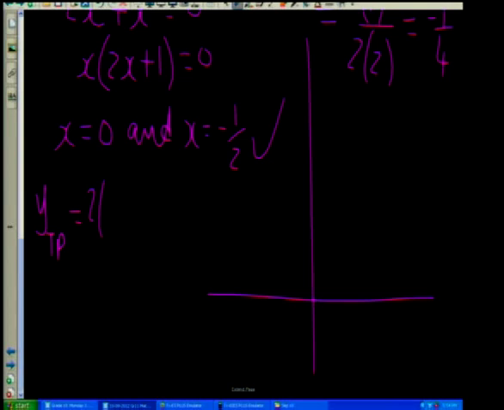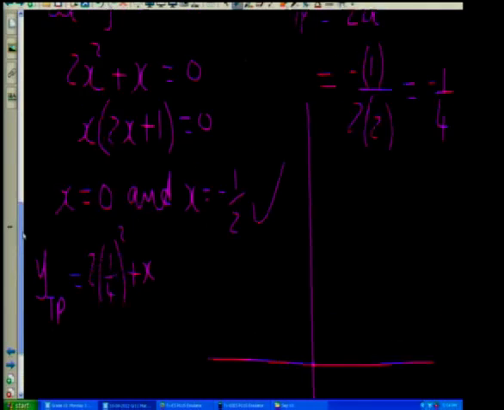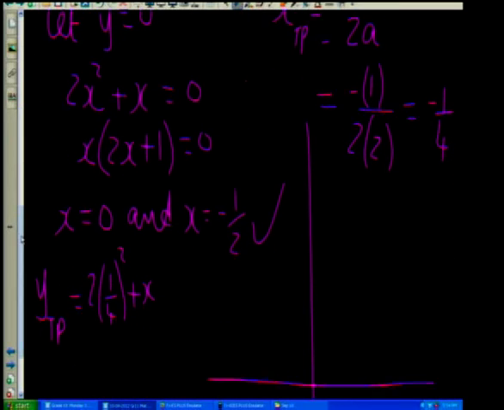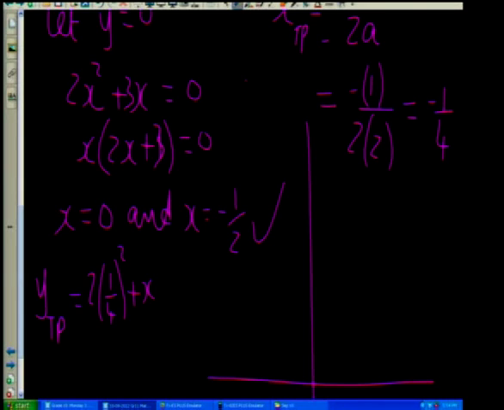That's 2 into 1 over 4 squared plus x. Was it x or 3x? Let's just quickly check that. It's actually 3x. That was 3x there. I'll just have to correct this quickly. That's a 3 there. And that becomes 3 over 2.